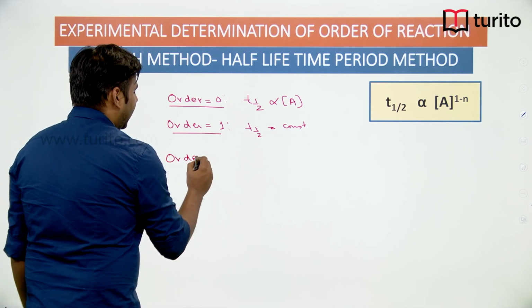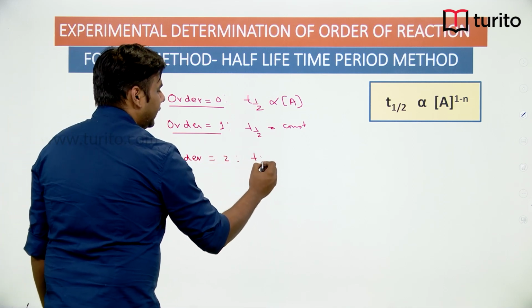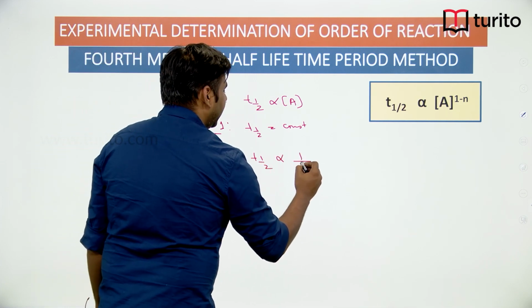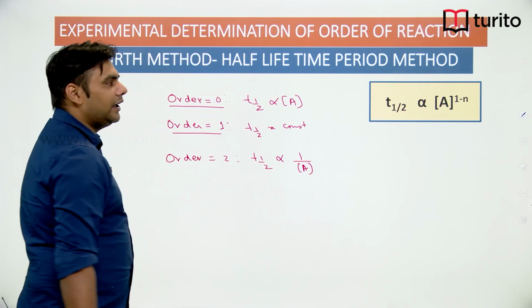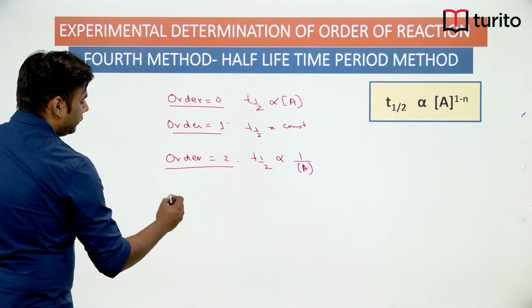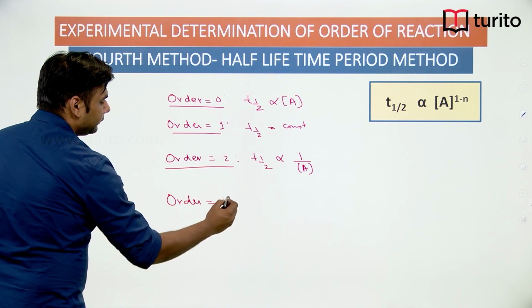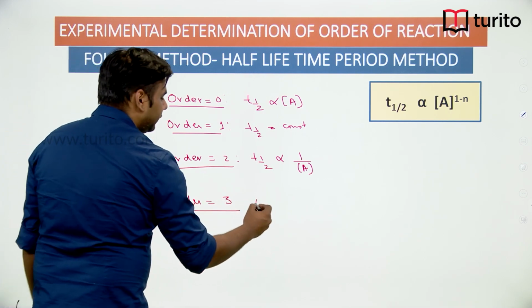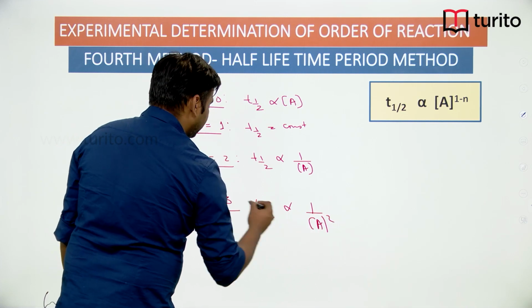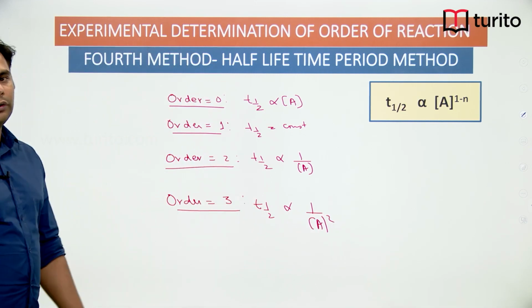For a second order reaction, t half is proportional to 1 by A. If you put n as 2, this becomes minus 1, so t half is inversely proportional to A. For a third order reaction, if you put the value of n as 3, it will be inversely proportional to A square, the concentration square.